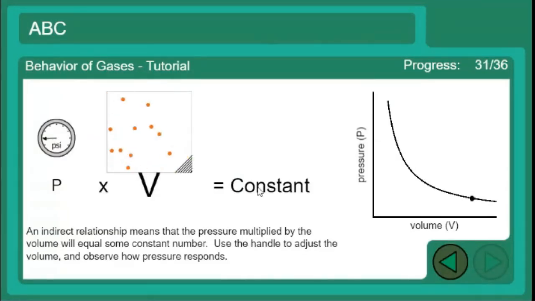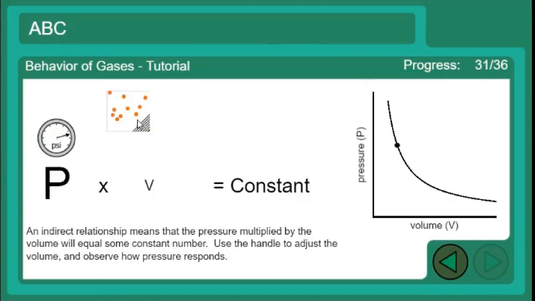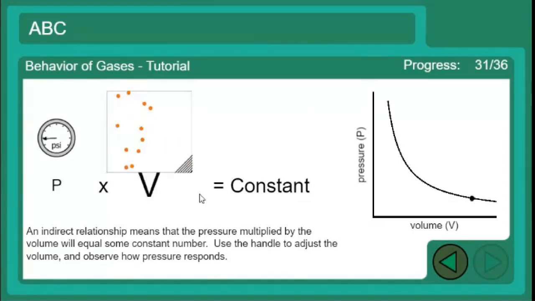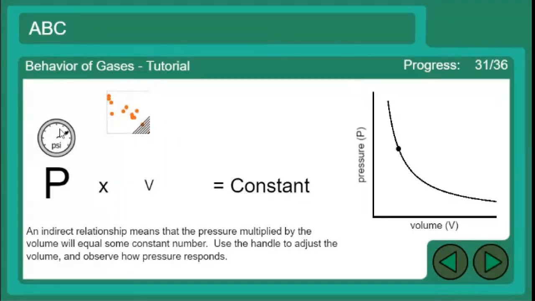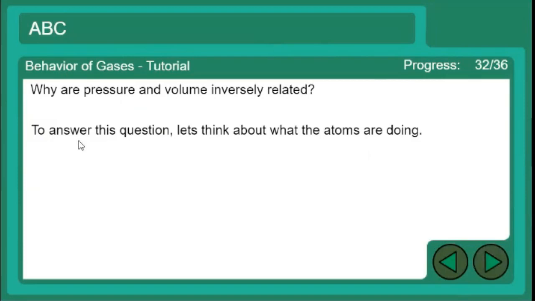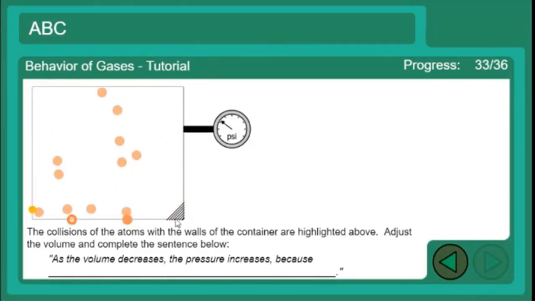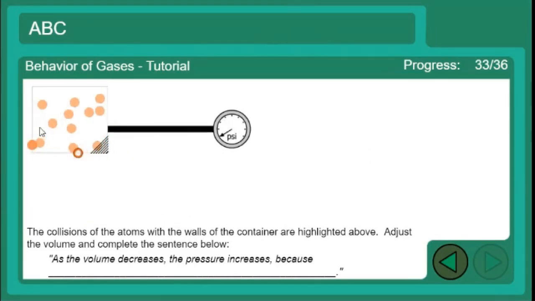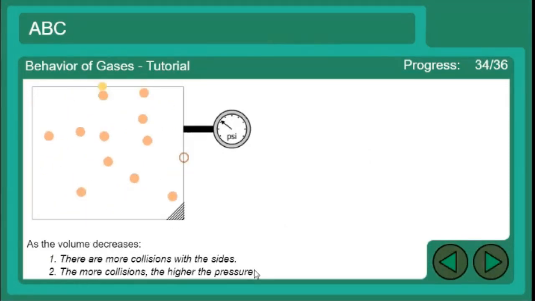So P times V is equal to a constant, an inverse relationship. In inverse proportion, when the size is smaller, the pressure increases; when the volume is larger, the pressure decreases. As the volume decreases, the pressure increases because there are more collisions with the side, and the more collisions, the higher the pressure.